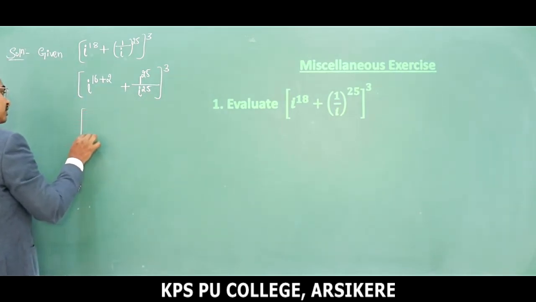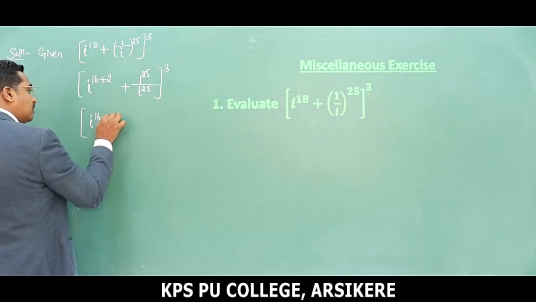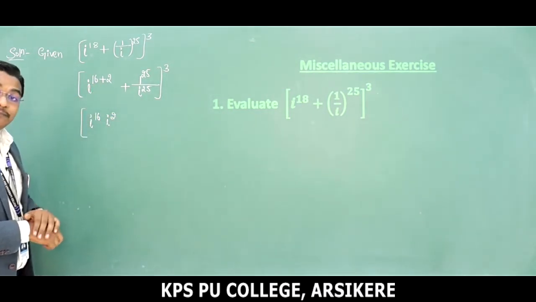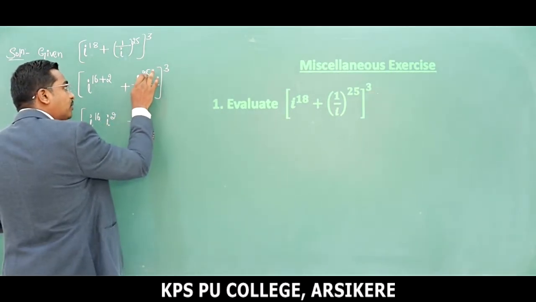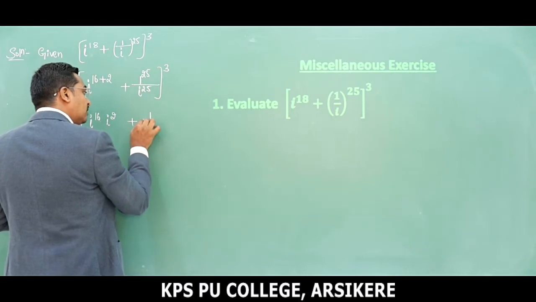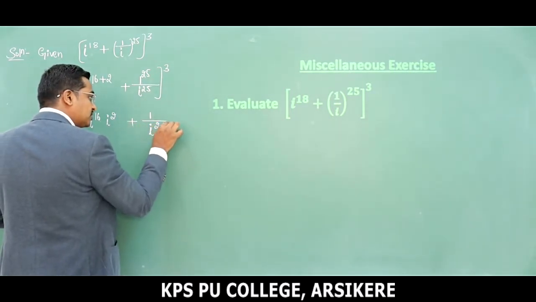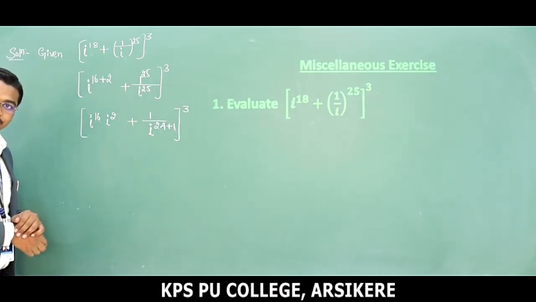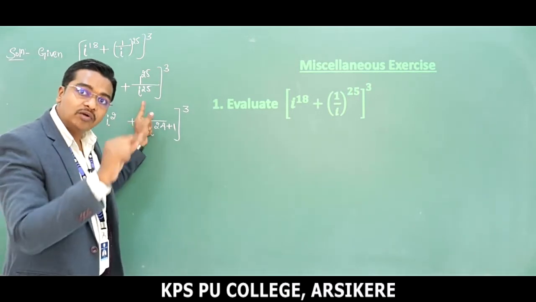So this can be written as i power 16 into i square, plus 1 divided by i power 25, and i power 25 can be written as i power 24 plus 1, whole power 3.